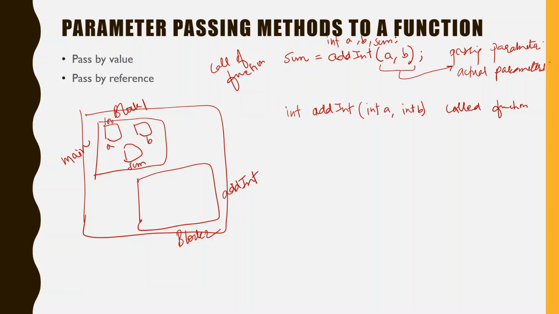These might have some addresses, like we have seen in the pointer classes, that all the variables have a randomly generated address. They are stored at a random address.